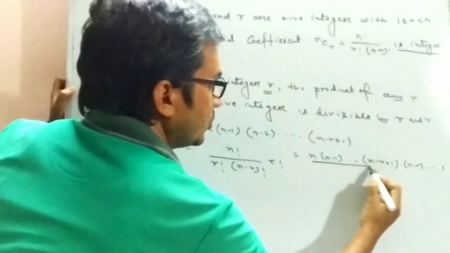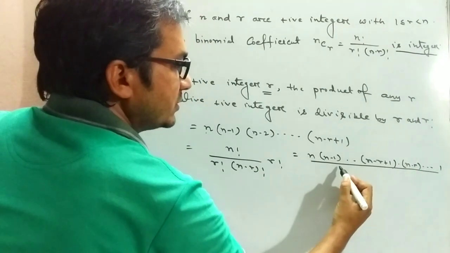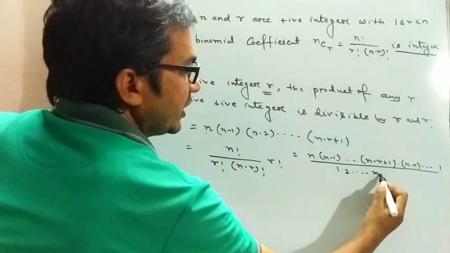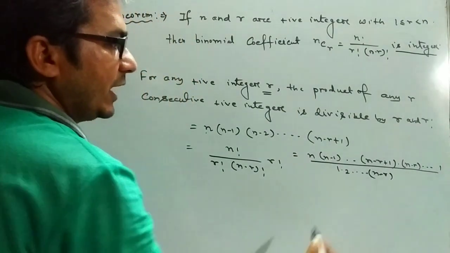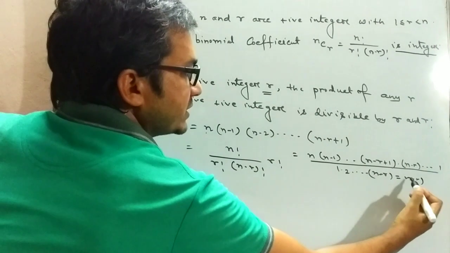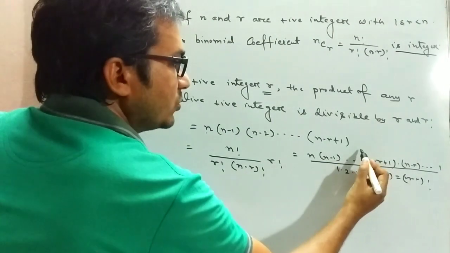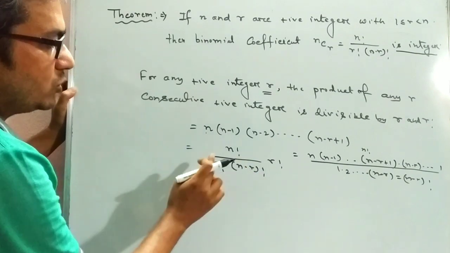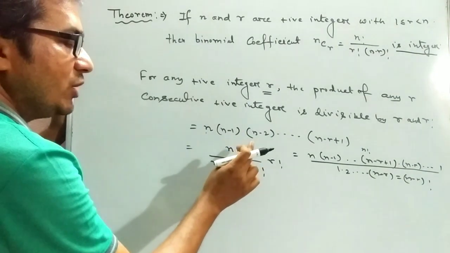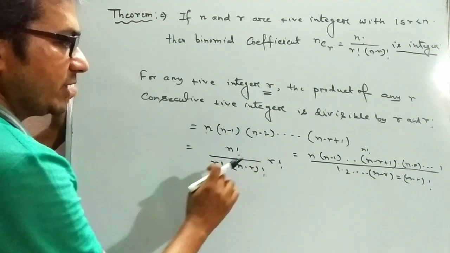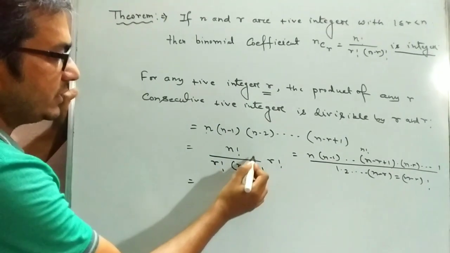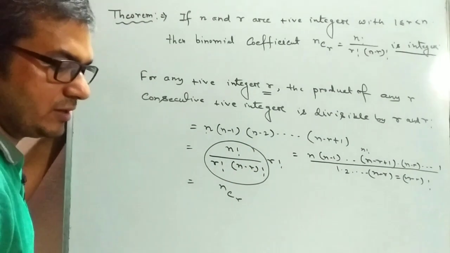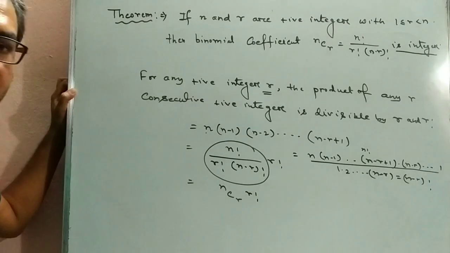Okay, so adjusting this multiplication, we get 1, 2 up to n minus r, and this is equal to n minus r factorial, and the product is equal to n factorial by n minus r factorial. We also multiply numerator and denominator by r factorial, and this gives nCr times r factorial.